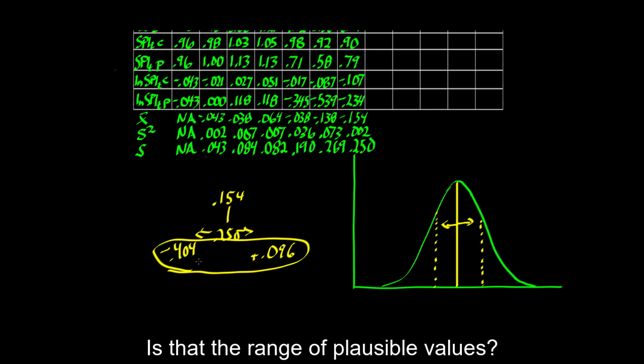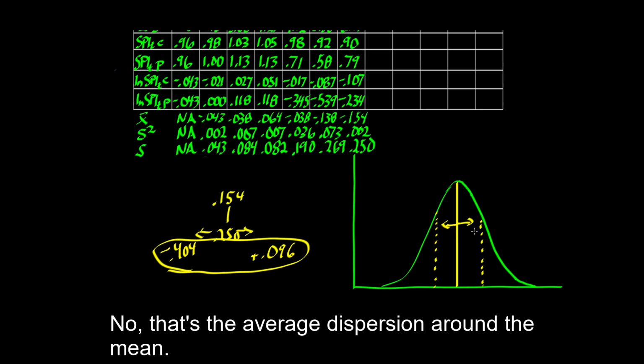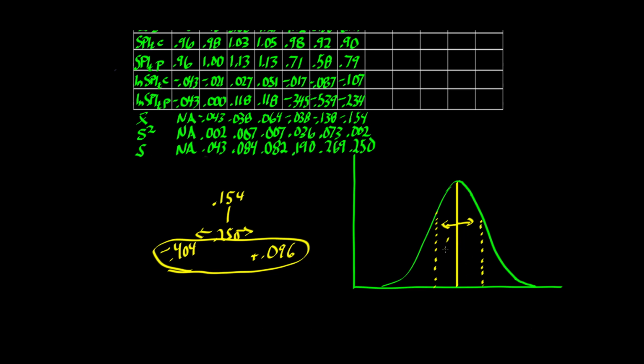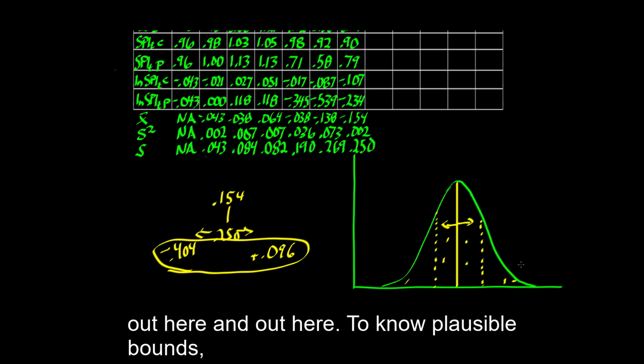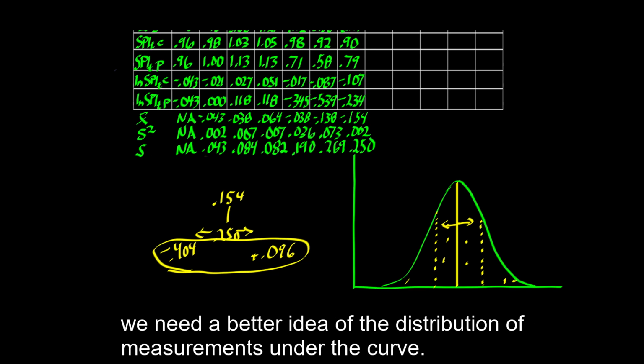Is that the range of plausible values? No, that's the average dispersion around the mean. There are measurements here and here and here and here, but also outliers out here and out here and out here. To know plausible bounds, we need a better idea of the distribution of measurements under the curve.